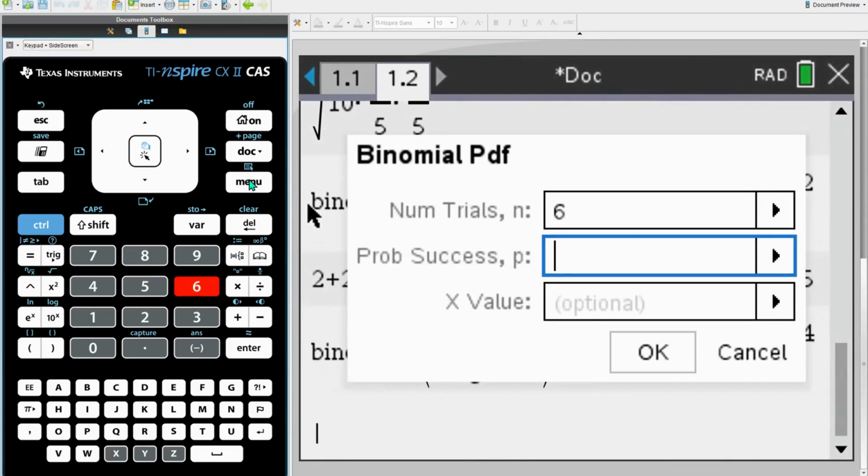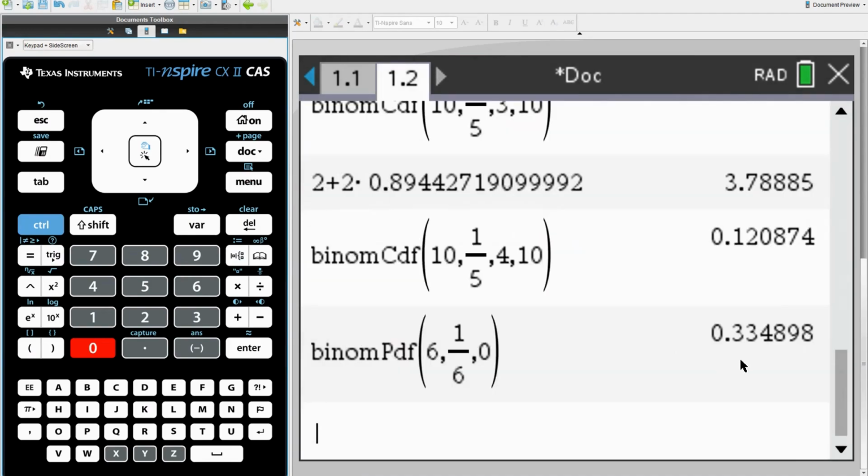There were 6 trials, and the probability of success on each trial was 1/6, right? And we're looking for only the outcome of 0 successes.